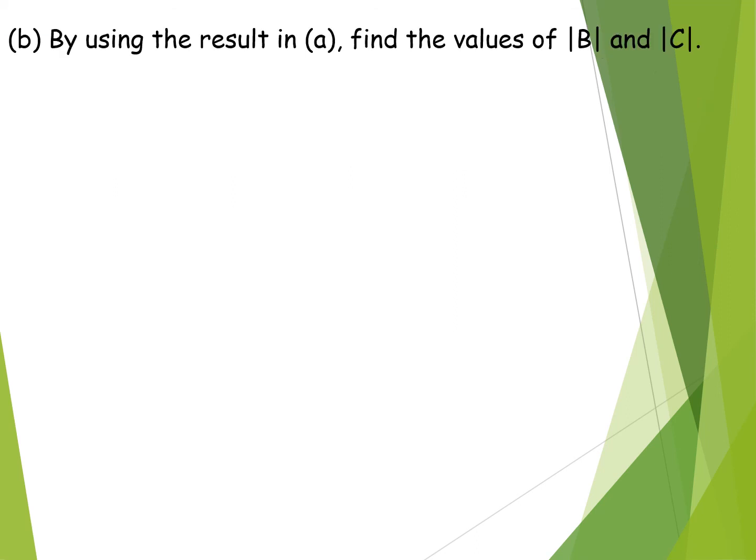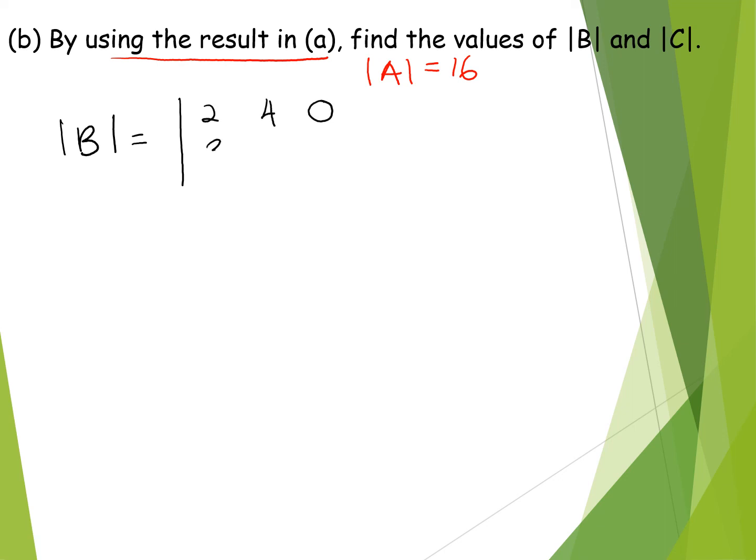B. By using the result in A, find the values of determinant B and determinant C. From the sentence, by using the result in A, just now we got determinant A is equal to 16. So determinant B is equal to the determinant of 2, 4, 0, 3, -9, 3, 5, 2, 0. 3 is the common factor for the elements in the second row.